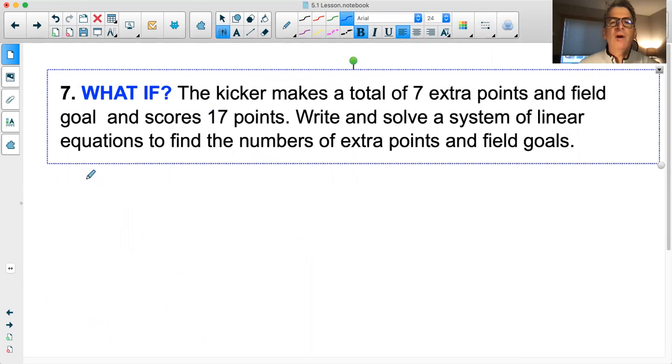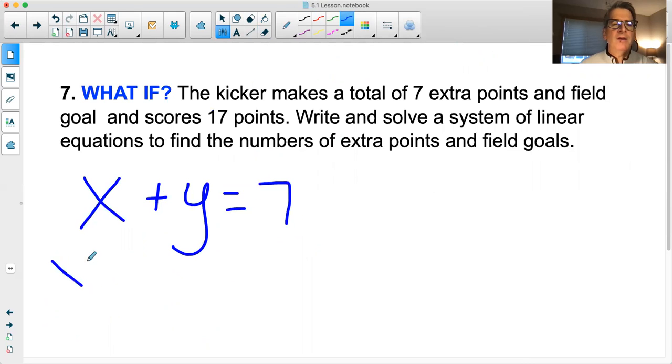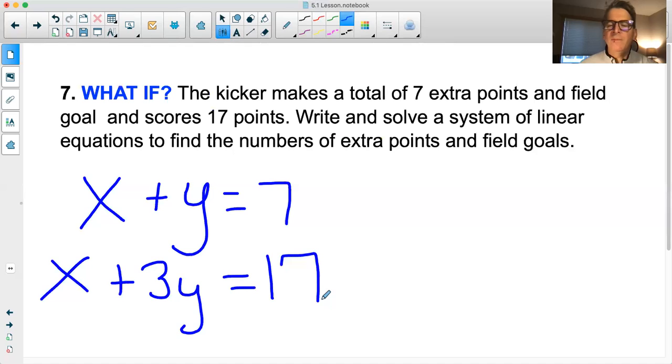So we have our 7 extra points and field goals, x plus y equals 7, x plus 3y equals 17. It says, write and solve a system of linear equations to find the number of extra points and field goals.